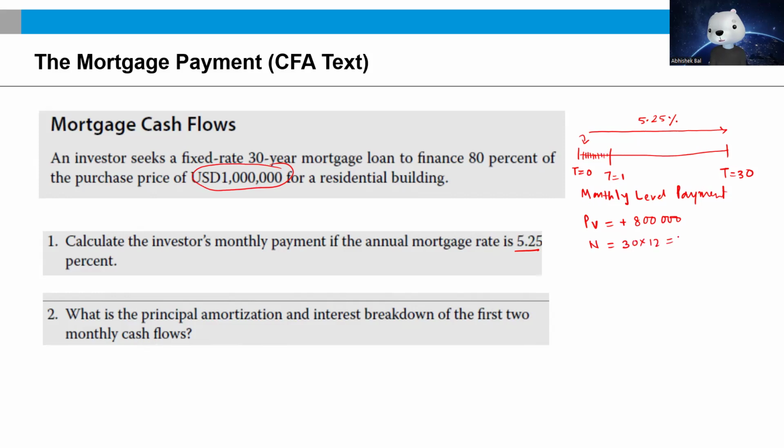That is 360 periods. 360 periods would mean 360 months. And each of this period, the interest rate the bank is going to charge is going to be equal to 5.25%. That's annual. We'll have to divide this by 12 because it's a monthly rest. So I want you to divide it by 12.